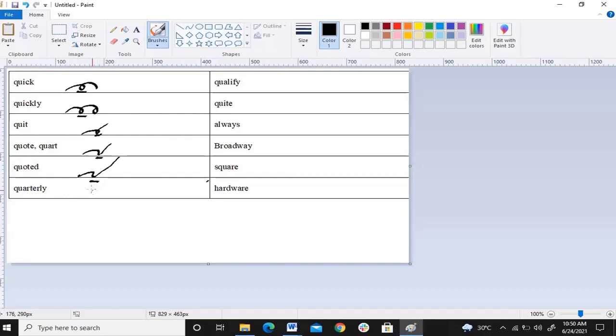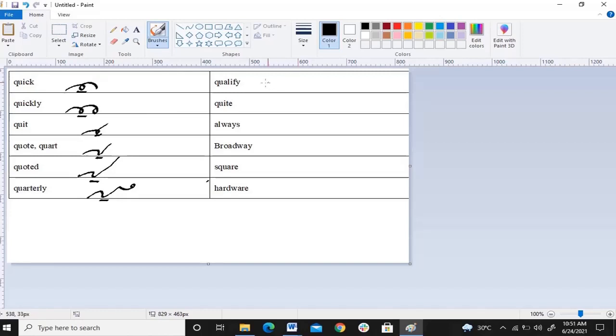Next, quarterly. So we have quote, terly, and then yung W. So it's quarterly. Yung quarterly nila, it's pronounced as quarterly. Kaya parehas sila ng quoted, okay, or ng quote. Next, we're going to do qualify.